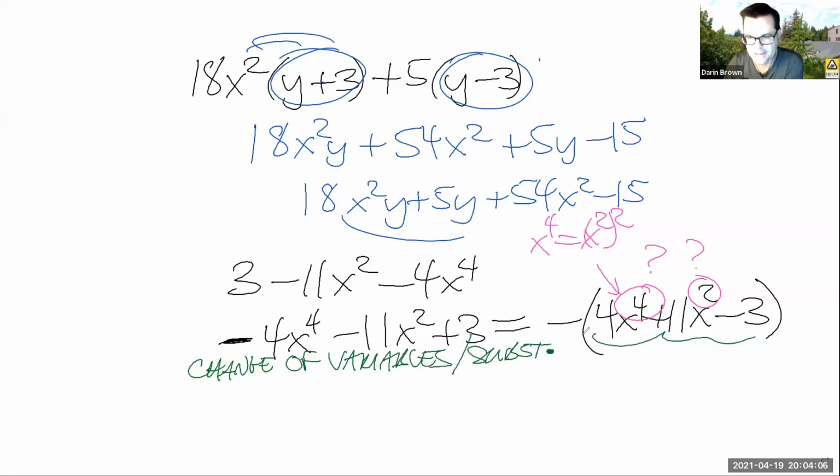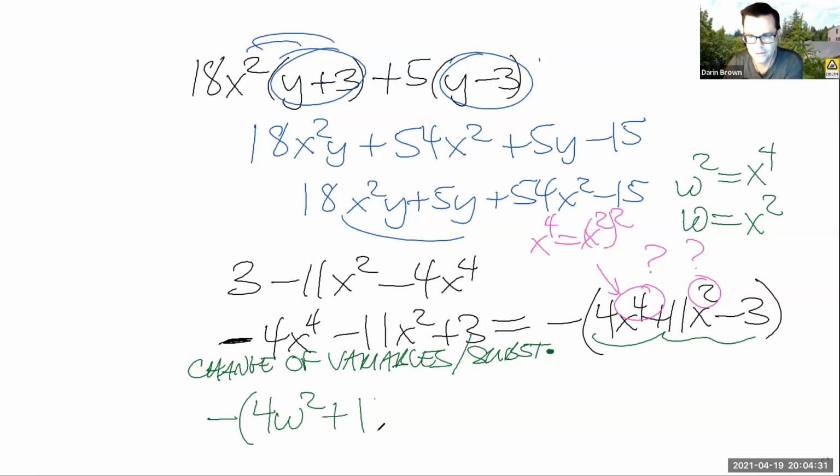So let w equal x squared. Then the thing I have to factor is no longer this; it's minus 4w squared, because w squared is going to be x to the fourth, since it's x squared squared. So it's 4w squared plus 11w minus 3. We would say that this is quadratic in x squared.